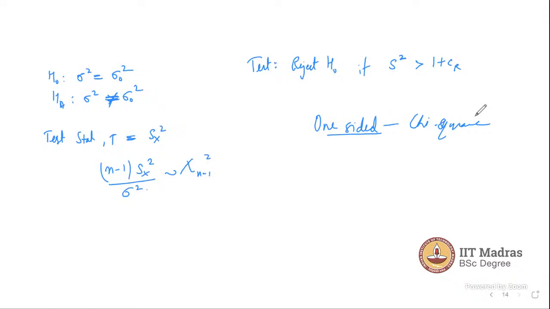Do we have the two-sided chi-square test in the syllabus as well? No, that is not there. Then this question is out of syllabus. Two-sided chi-square has not been taught in the lecture.